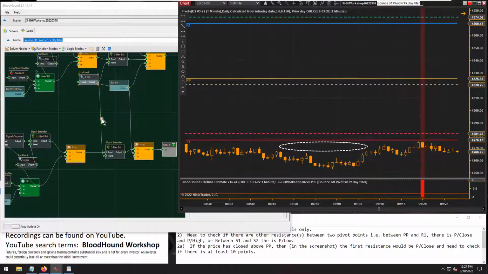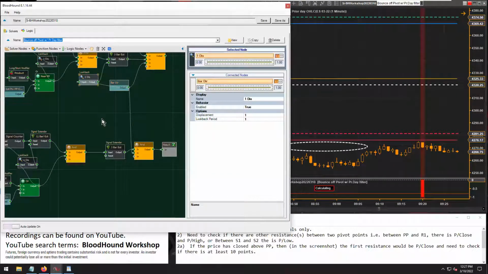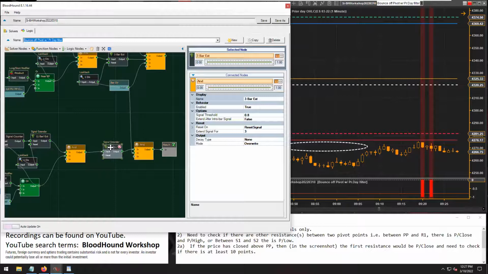And remember, if we didn't reset, let me disconnect that, right? So if we don't reset our signal extender, we get 2 short signals on both of the down bars. So that's why we're resetting the signal extender, so that after the first short signal, we turn it off so we don't get this second signal there.